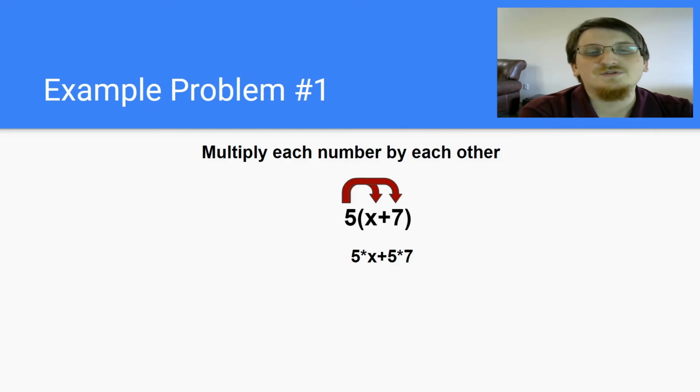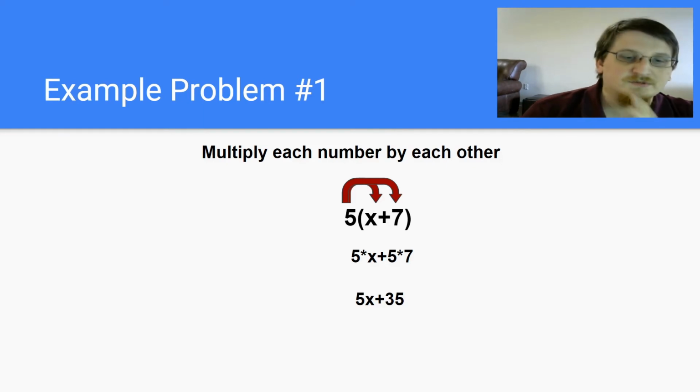This is why I'm using arrows in these problems, to make sure that each term is multiplied by each other. So this will be much more helpful in the next couple of problems, as this is probably the most basic, but it's a good starting point. So let's move on to our next question.